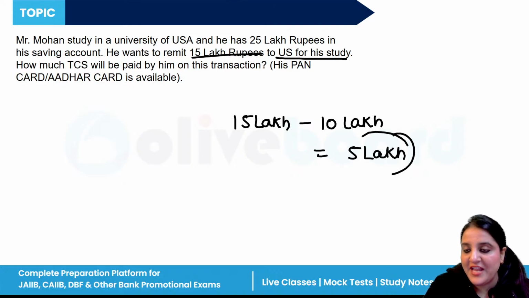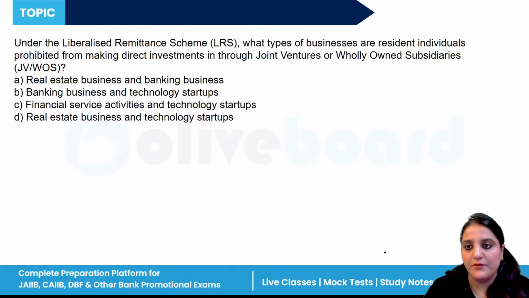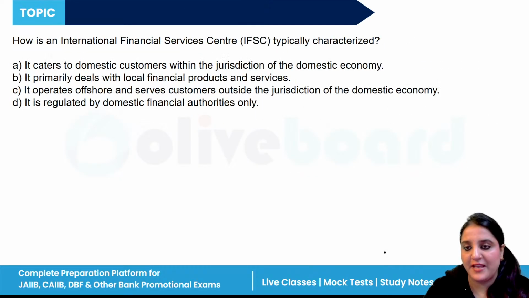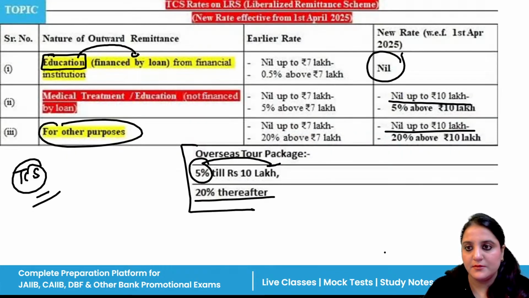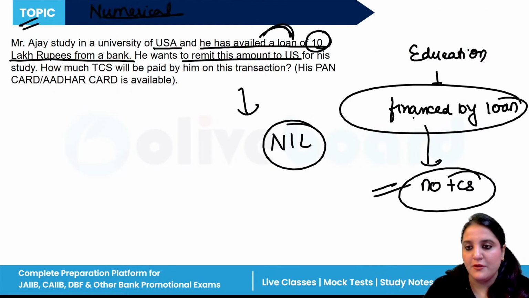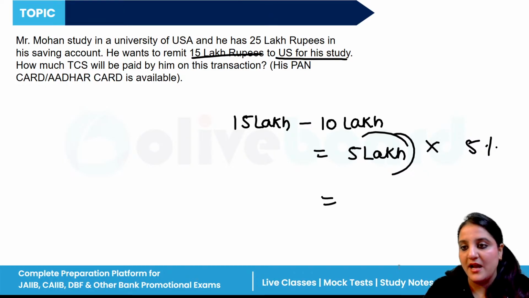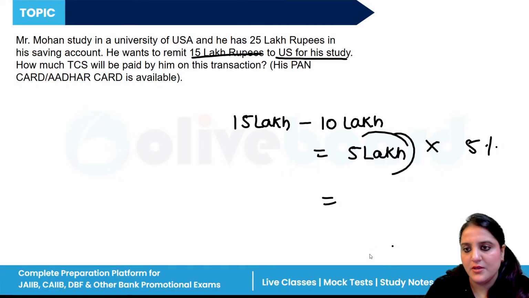Now on this 5 lakh, we have to apply how much percent? 10, sorry, 5%. 5% of 5 lakh is 25,000.